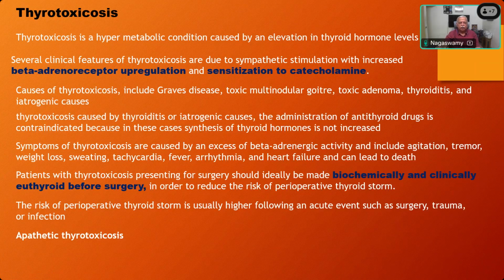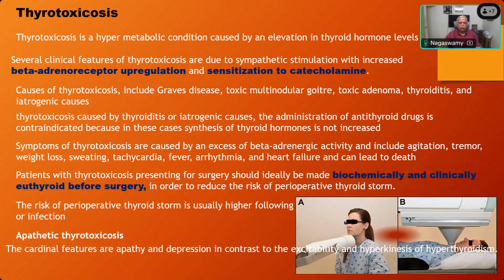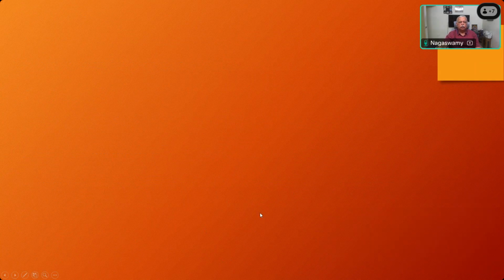Okay, whereas the patient who has cardinal features of apathy and depression, in contrast to excitability and hyperkinesia, is called apathetic thyrotoxicosis. And usually it happens after radiation, in thyrotoxicosis which is not well controlled with drugs alone. So those patients go in for this particular condition called apathetic thyrotoxicosis.